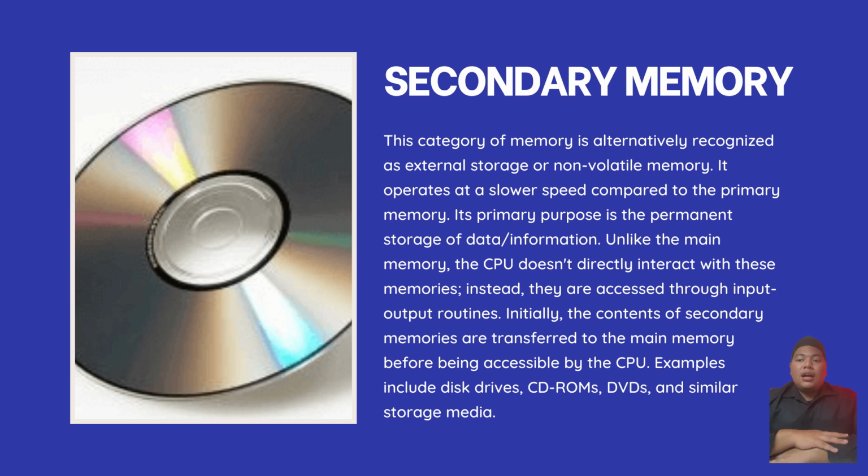Instead, they are accessed through input-output routines. Initially, the contents of secondary memories are transferred to the main memory before being accessible by the CPU. Examples include disk drives, CD-ROMs, DVDs, and similar storage media.